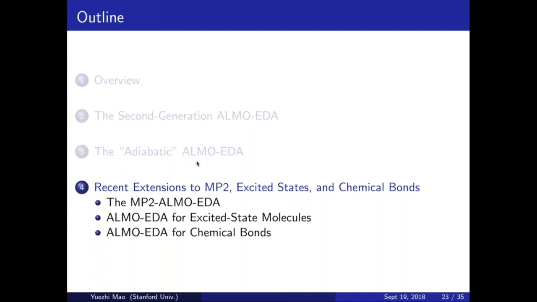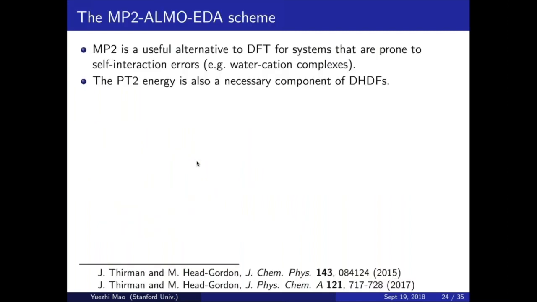And at last, I'm going to mention some recent extensions of the ALMO-EDA to MP2, excited states, and chemical bonds. So MP2 is a useful alternative to DFT for systems that are prone to self-interaction errors.